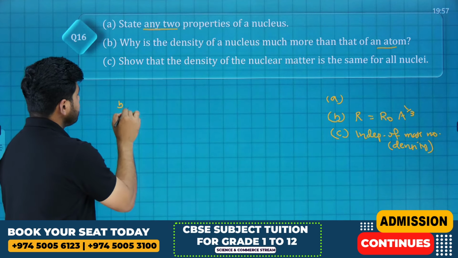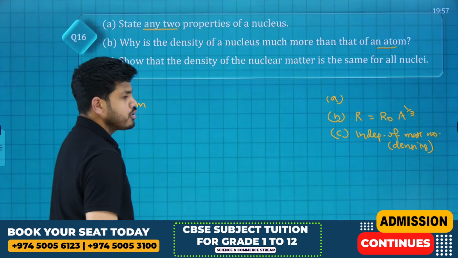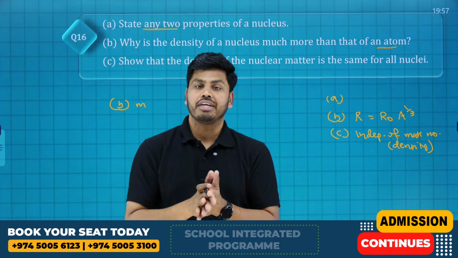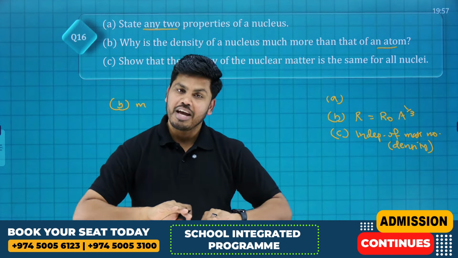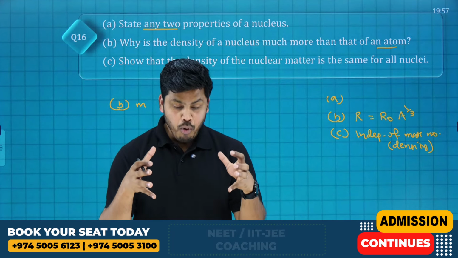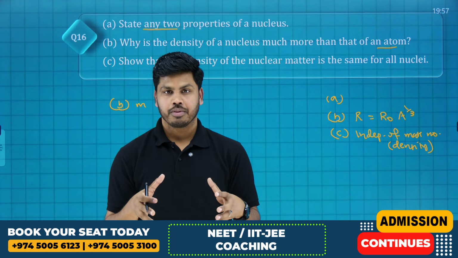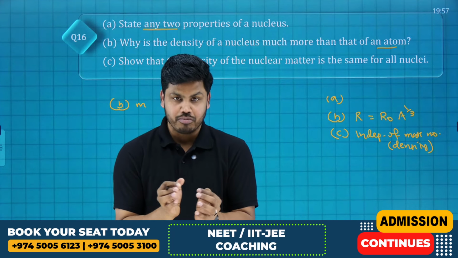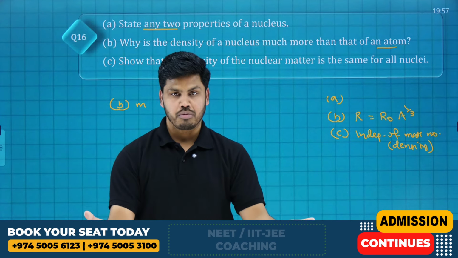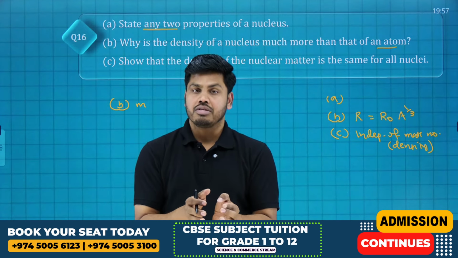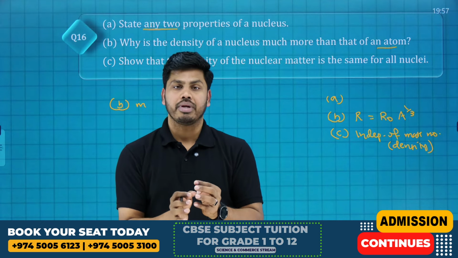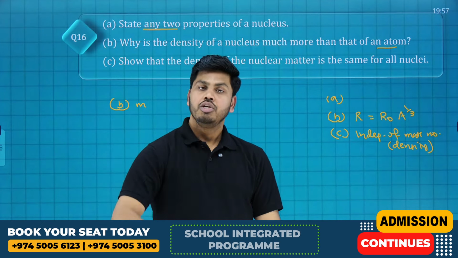What was the conclusion from Rutherford alpha particle scattering experiment? He concluded that majority of the space in an atom is empty, right? Most of the mass, not entire mass, most of the mass, is accumulated, concentrated at the center of the atom, which is called nucleus.